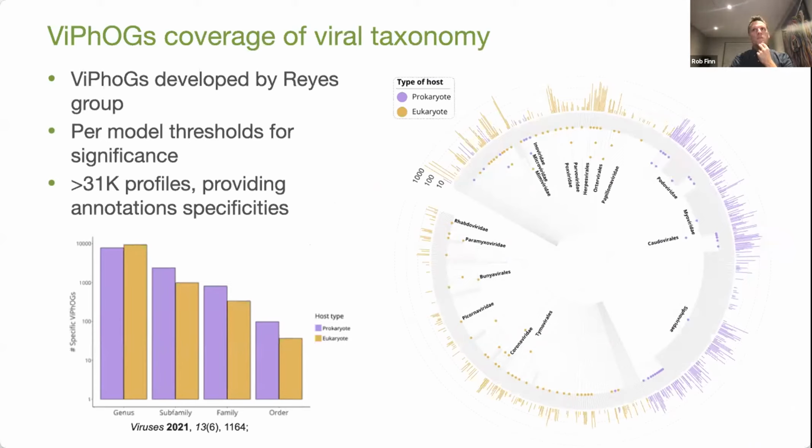These are 31,000 profile HMMs that are able to identify viral genes and provide taxonomic annotations. And what we've done is take those. On the right-hand side of this slide is the distribution of the known virus world and how well those Viromics model that space.